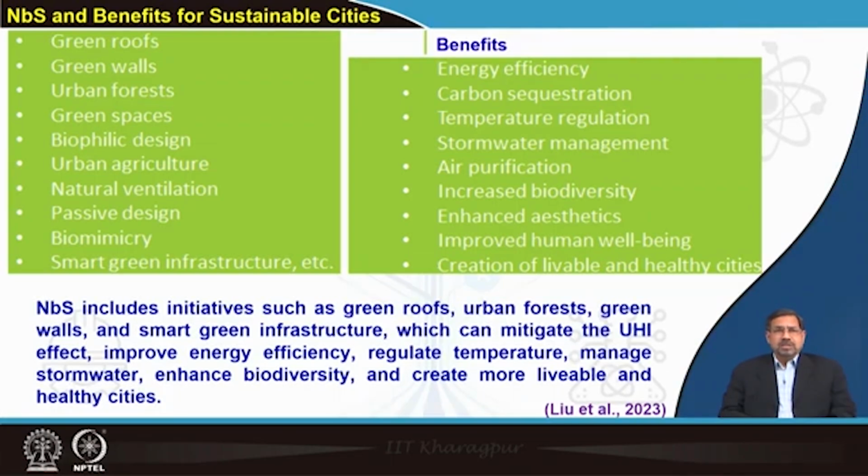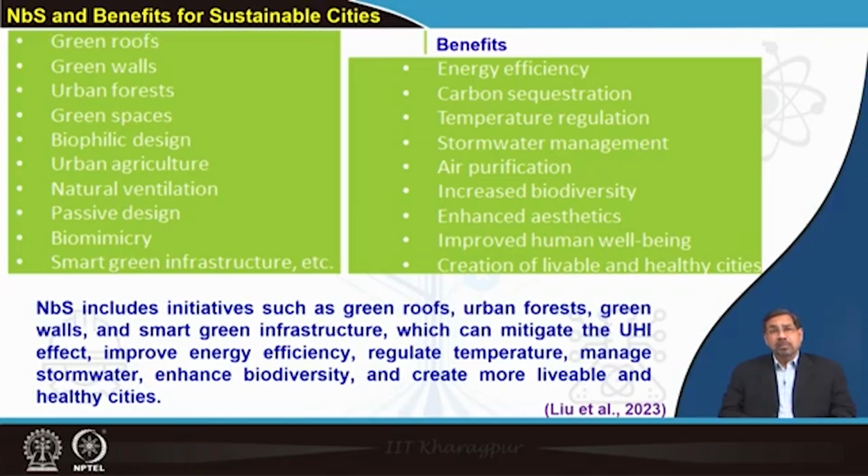So, nature based solutions include initiatives such as green roofs, urban forest, green walls and smart green infrastructure, which can mitigate the urban heat island effect, improve energy efficiency and regulate temperature.